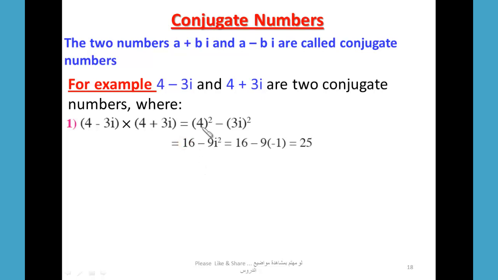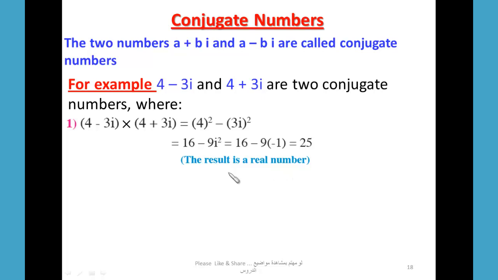We have 4 squared is 16, minus 3 squared is 9, and i squared. Again, don't forget that i squared equals negative 1. So we can write 16 minus 9i squared equals 16 minus 9 multiply negative 1, and the result will be a real number, 25. So the result is a real number.